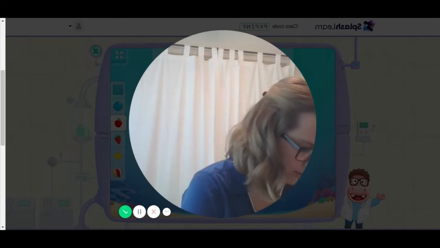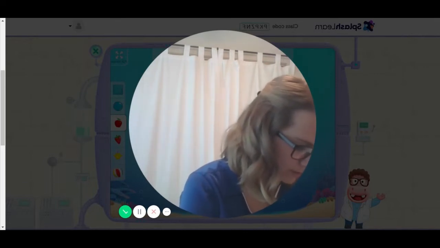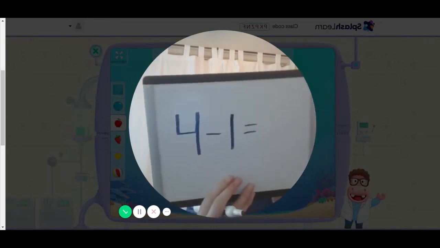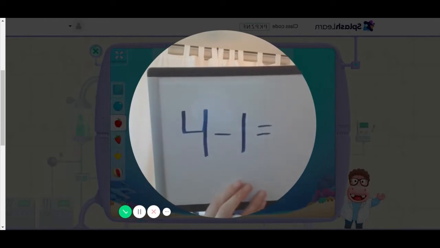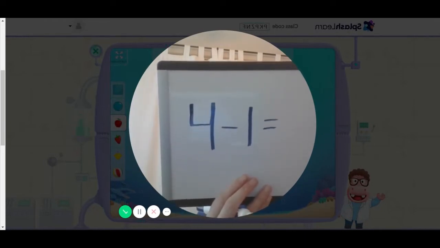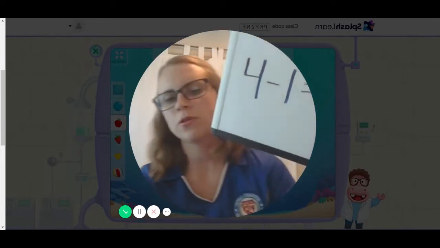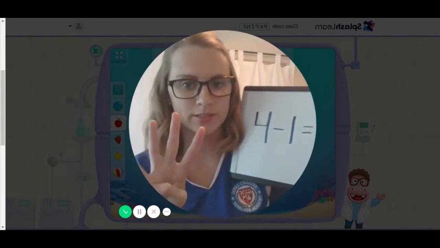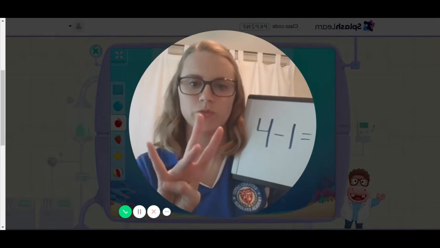And then, let's try another number. How about 4 minus 1? So 4 minus 1, how many fingers should I hold up? 4, right? So I have 4 fingers. 1, 2, 3, 4.